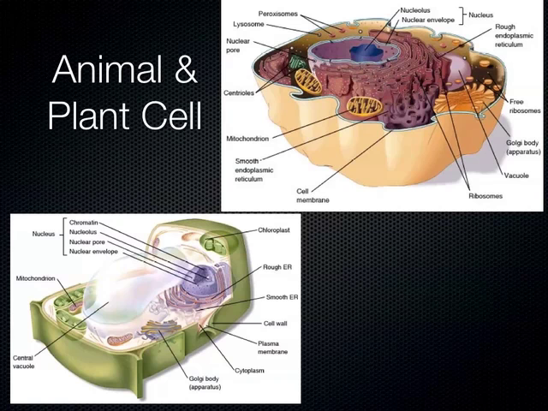Usually right near the nucleus, attached to it, is the ER. Here you see these tubes, that's the ER. The ones with the little yellow dots on them are the rough ER. Out here are the smooth ER without those dots. The dots themselves are what?